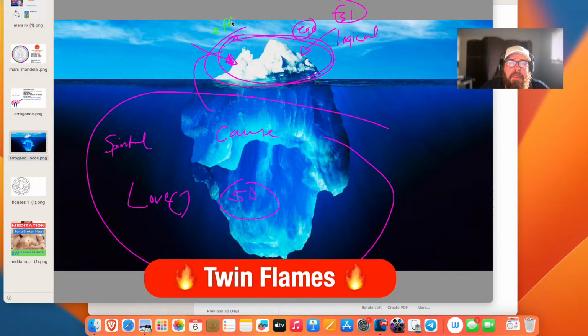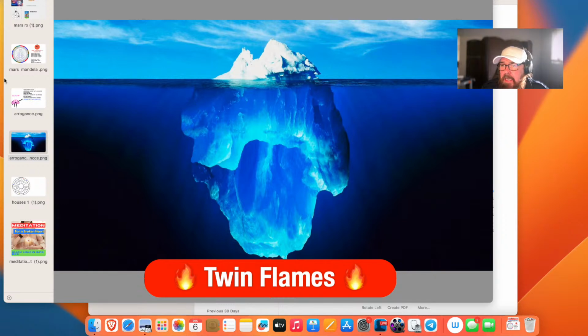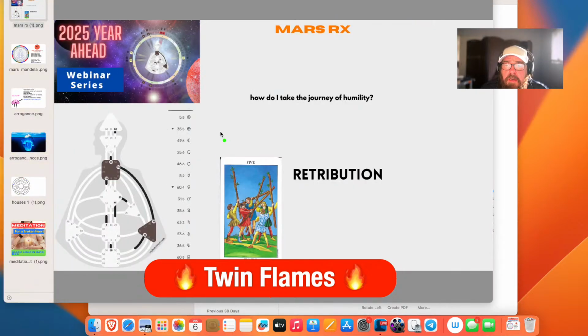Very limited here on the twin flame journey. So the chaser's got to dig this up. And all it takes for the chaser is just to be aware. Oh, I just caught myself.